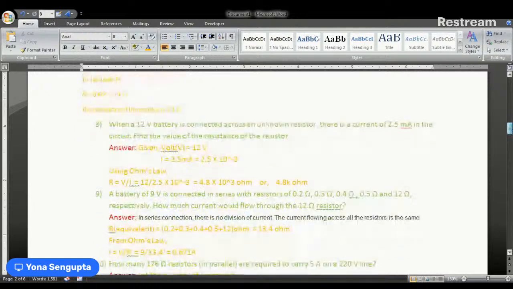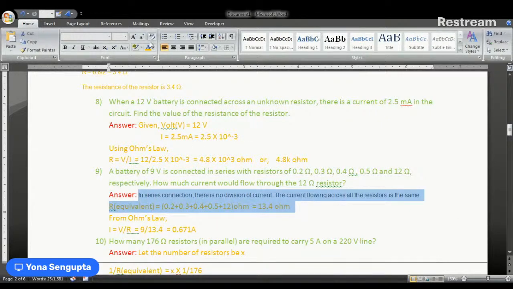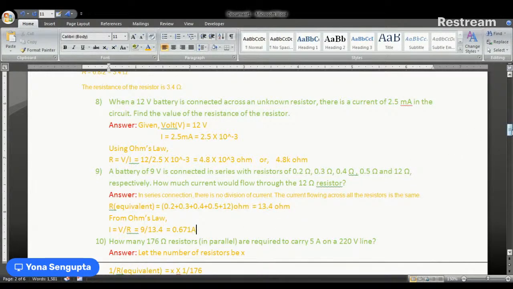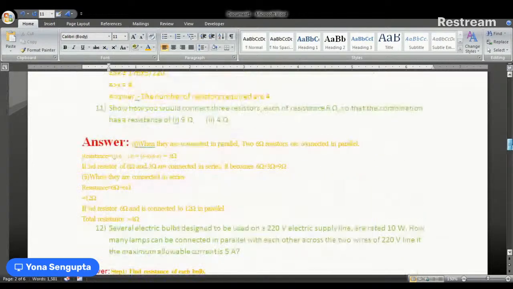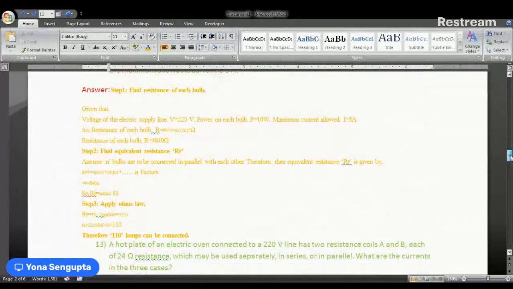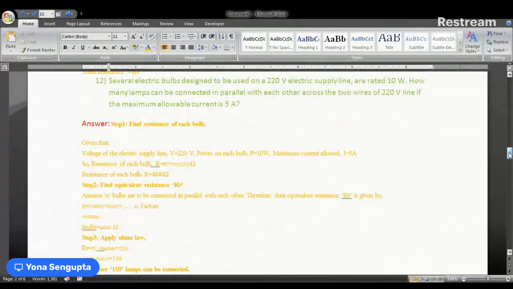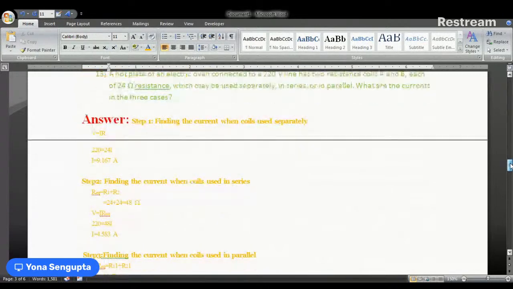Okay, next we have number 8, then number 9. After number 9, we have number 10, then number 11, then number 12. Yeah, this is number 12. Then number 13 we have.